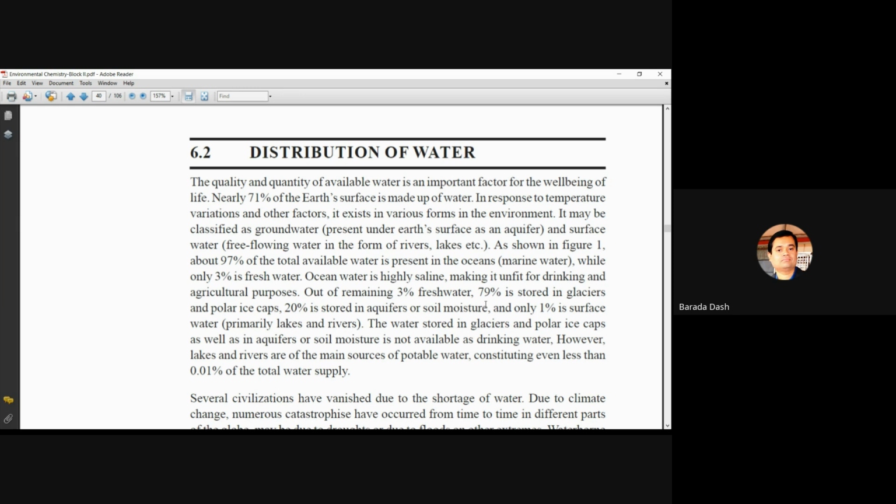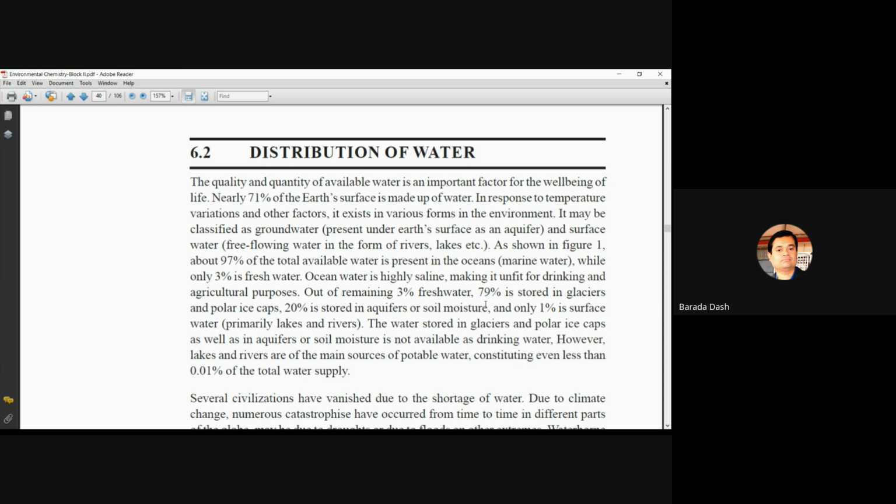Out of that, 79% is stored in glaciers as ice, in the polar region. 20% is stored in aquifers and soil moisture, and only 1% is surface water. That means only 1% is surface water available to us for our drinking purposes. So that's why water is a very scarce commodity.